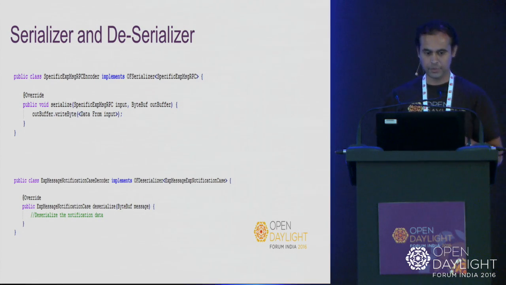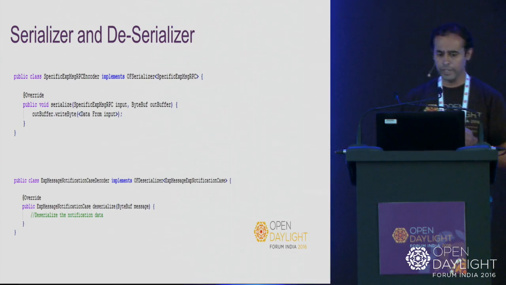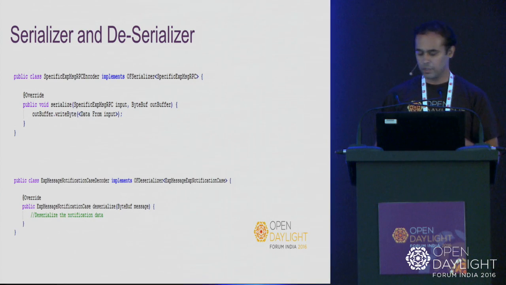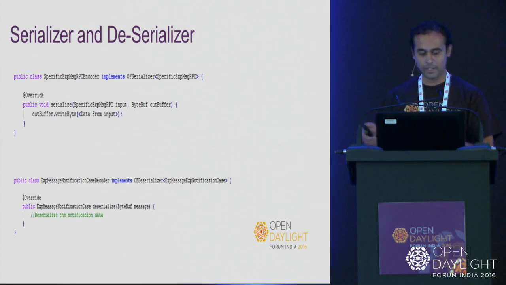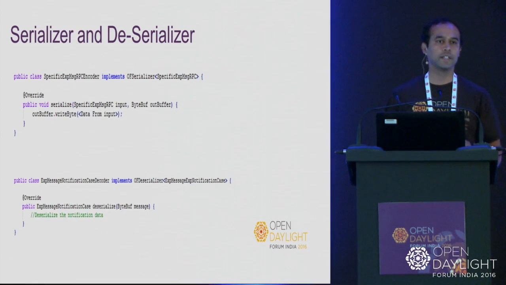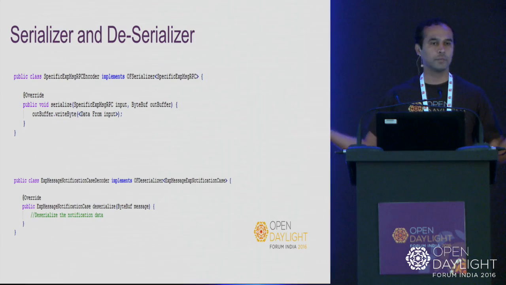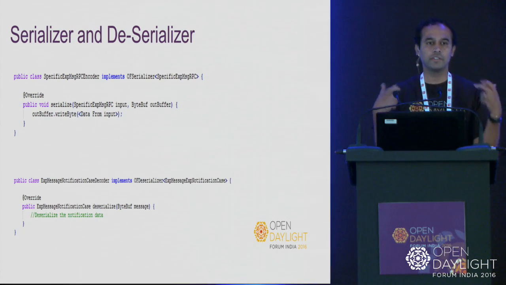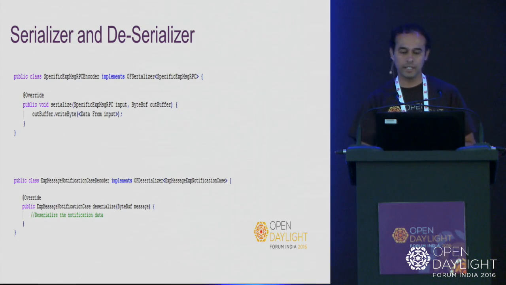Serialization, de-serialization is more of a codec operation, where out buffer dot write data or write byte is what you're doing when you're sending data on the wire. When I get the response from the OVS, the switch, back to the controller, I have got the byte stream and I need to convert. So what you have got in hand now is a byte buff. The byte stream is available to you, and it's like tens and twenties and thirties of bytes. I can only make sense of it depending on what I have defined those bytes to be, depending on what type and the typical semantics which you define in a TLV format.